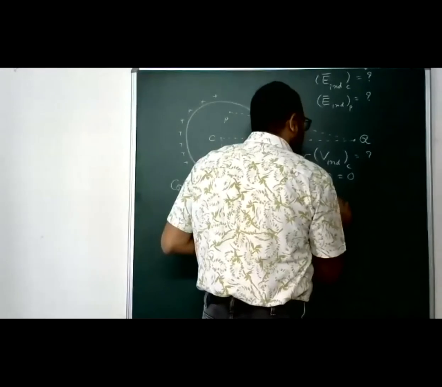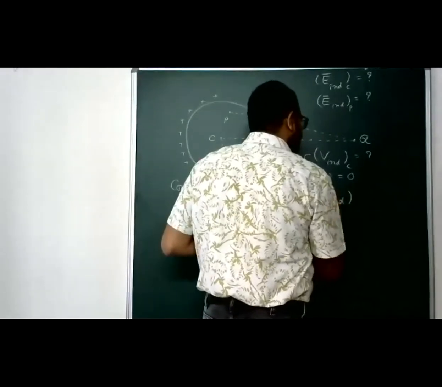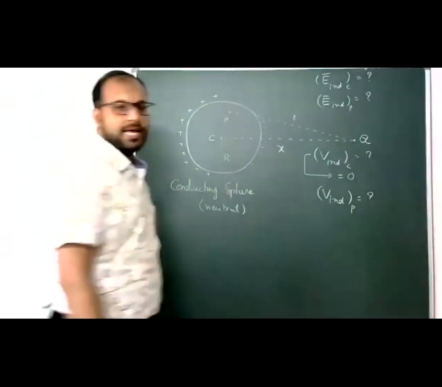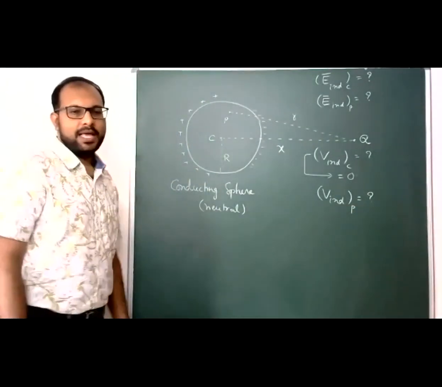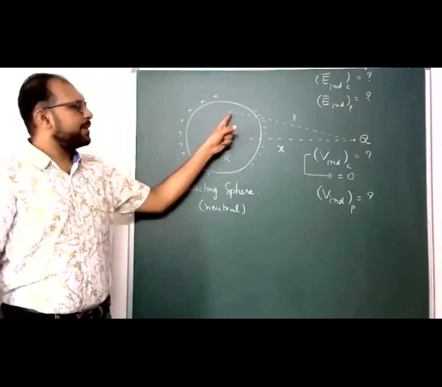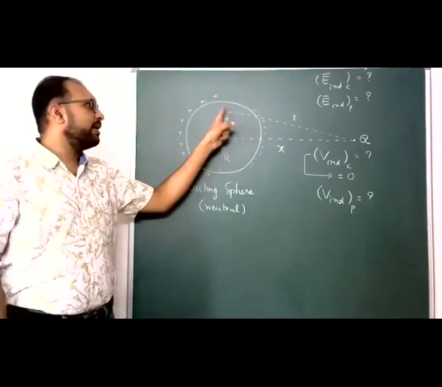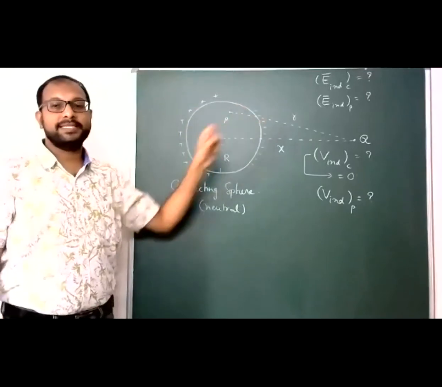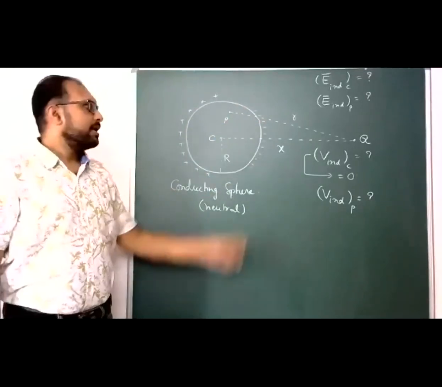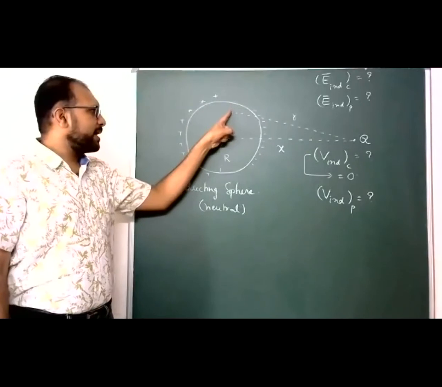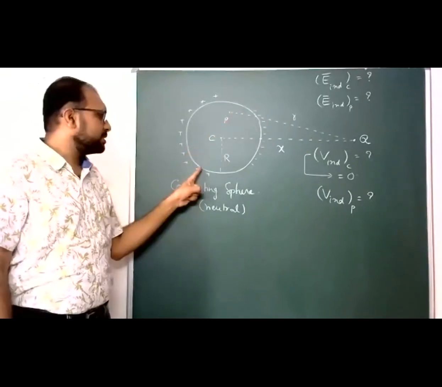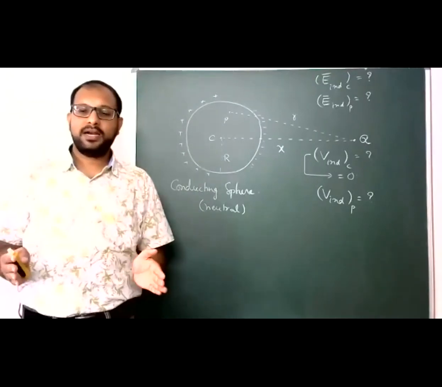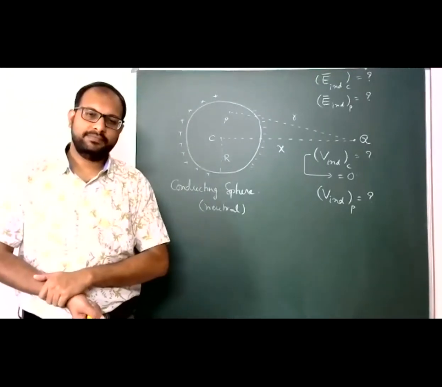Potential due to induced charges at point P equals question mark, meaning another point other than the center. But students, point P is not at equal distance from the points on the surface. This point is nearby, this point is somewhat far, so different points are at different distances.